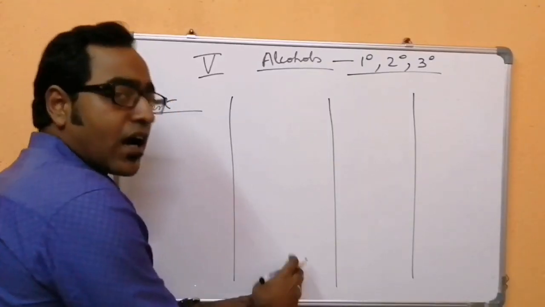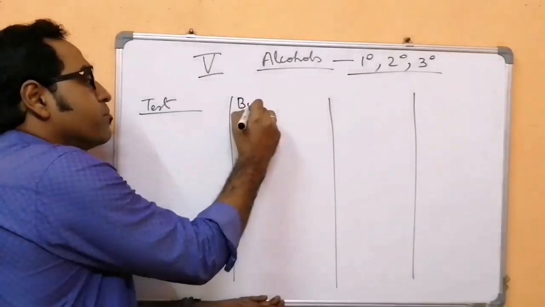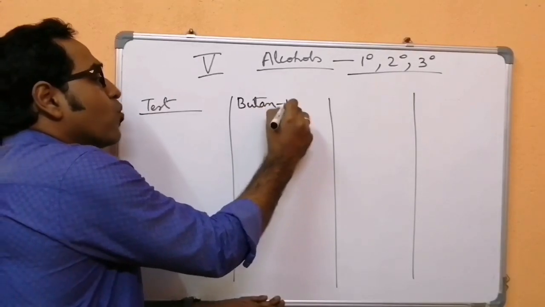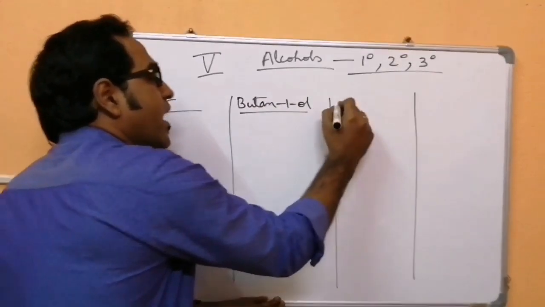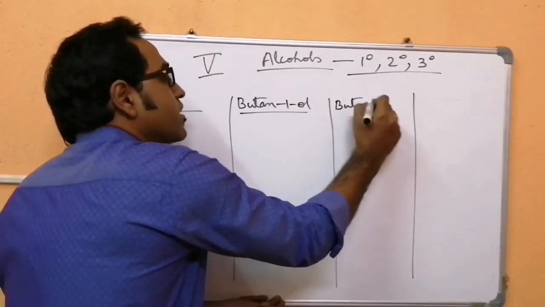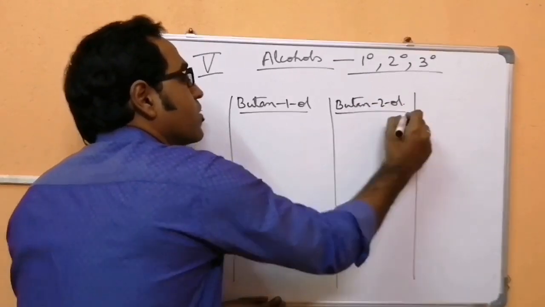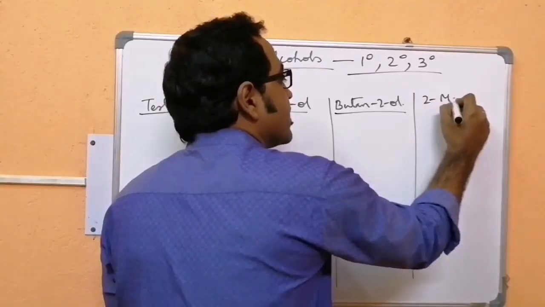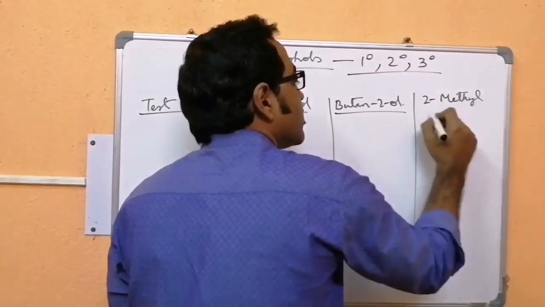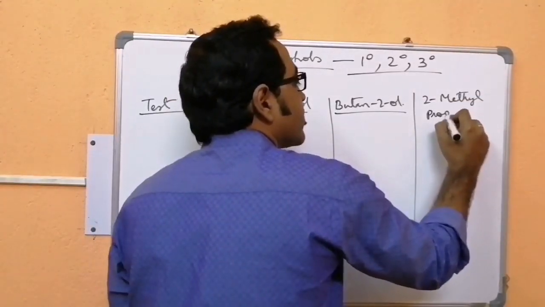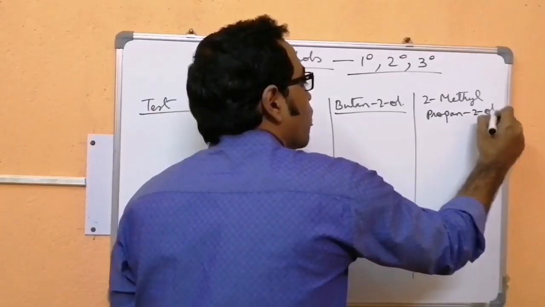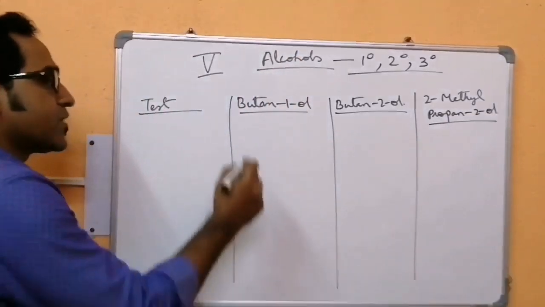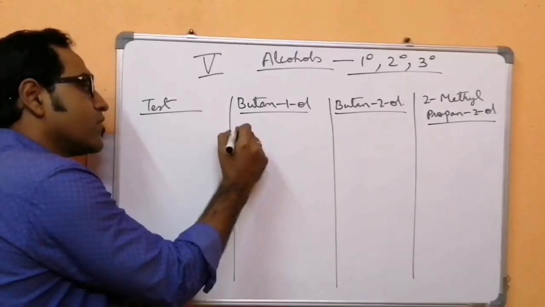Suppose you are asked to distinguish butan-1-ol and butan-2-ol or 2-methylpropan-2-ol. So let us first draw the structure of the compound.